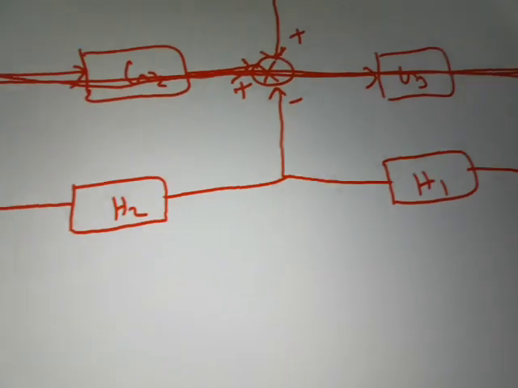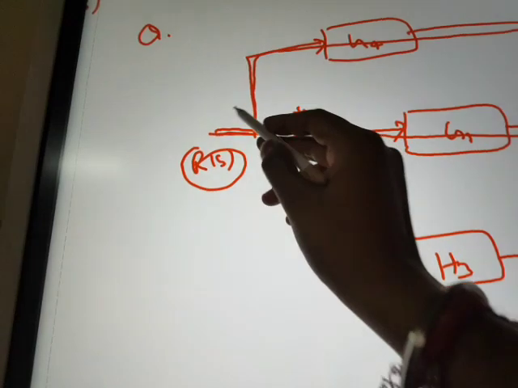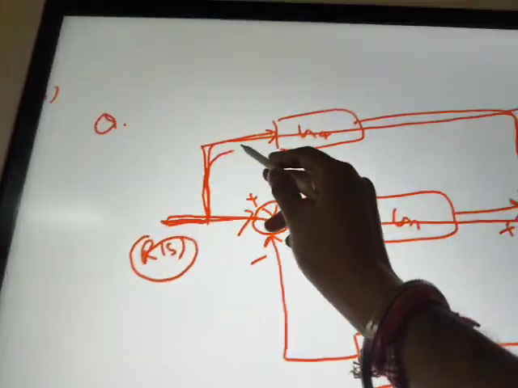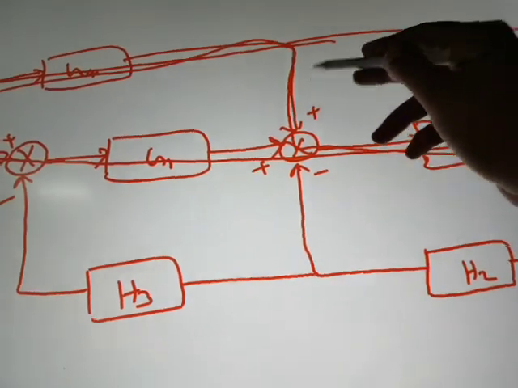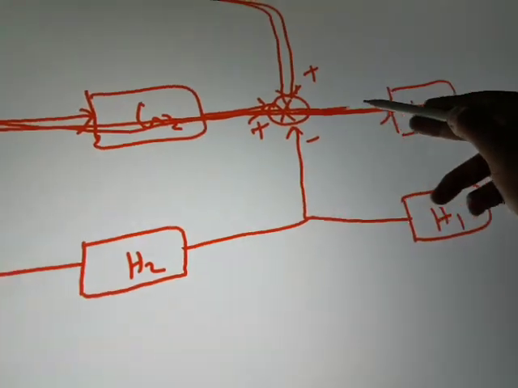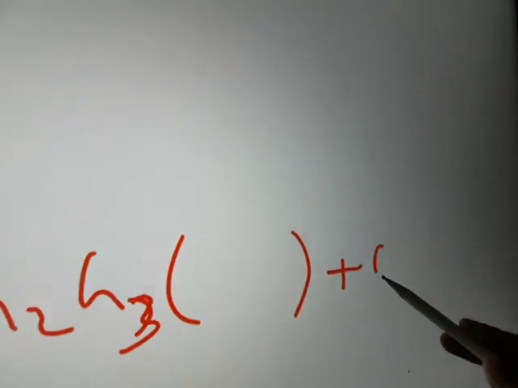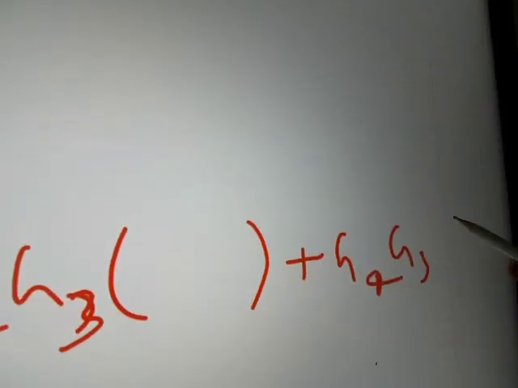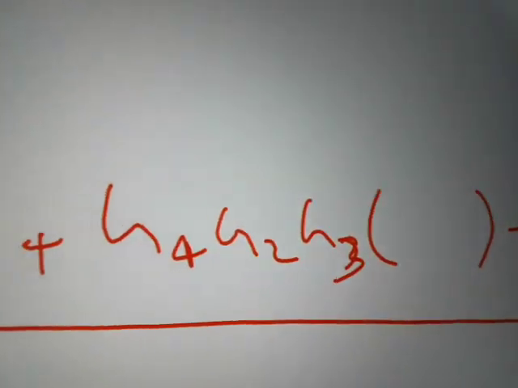Next, another path: we start from here G4, we already took this, next move here and come back to C(s). So we have another path G4 G3, and we have to find del k here by delta.